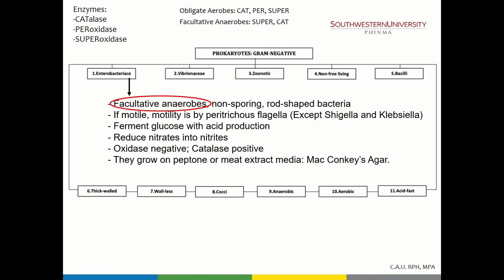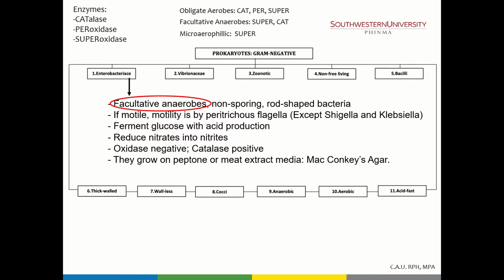Facultative, from our previous discussion, means they can live in more than one kind of environment. So facultative anaerobes can live with and without the presence of oxygen, and they can live in its presence because they have two enzymes, superoxidase and catalase.